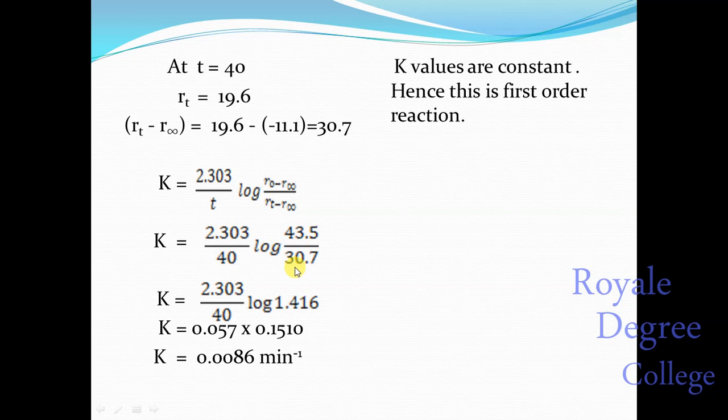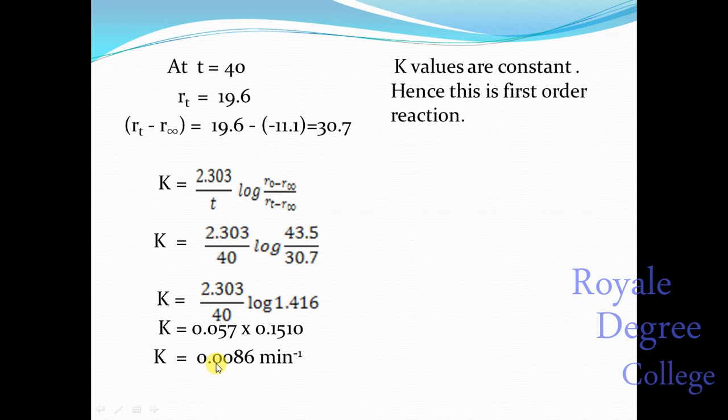So now we are dividing these both values, so we will get log 1.416. Now we are dividing these values, that is 2.303 by 40, we will get the value as 0.057. Now we are multiplying these both values. Again you can see we are getting the k value as 0.0086 per minute.